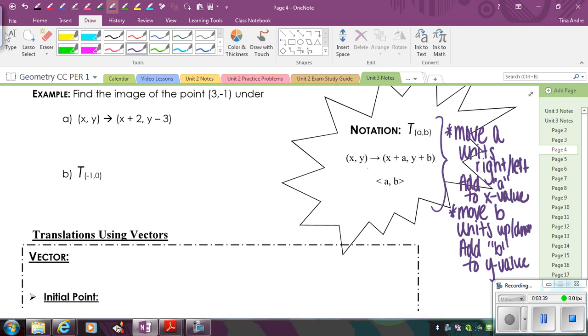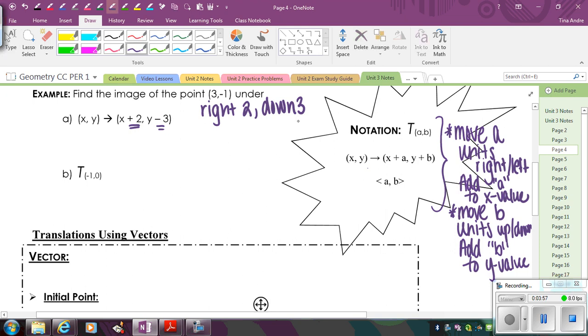If we look at this first example, those numbers indicate that you're going to be going right 2 on a graph because the 2 corresponds to the horizontal movement, and down 3 because the negative 3 corresponds to the Y, which is the vertical movement, which means you're going down 3. This also means add 2 to the X value, subtract 3 from the Y. So if I start with this point, here's my starting point.